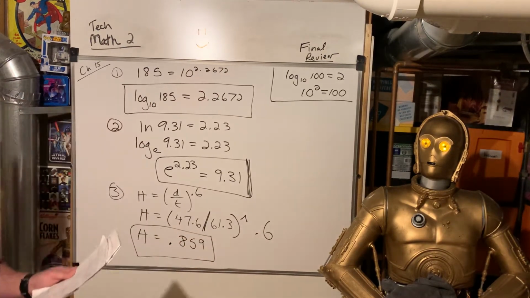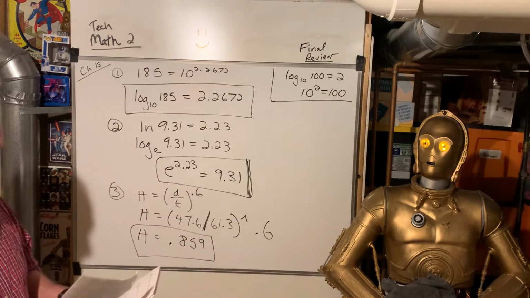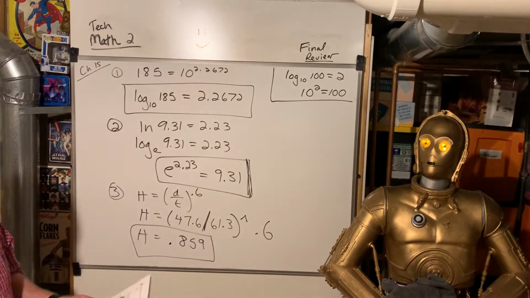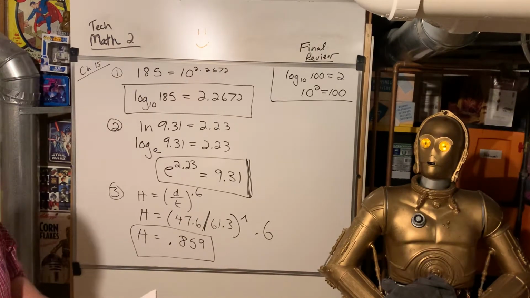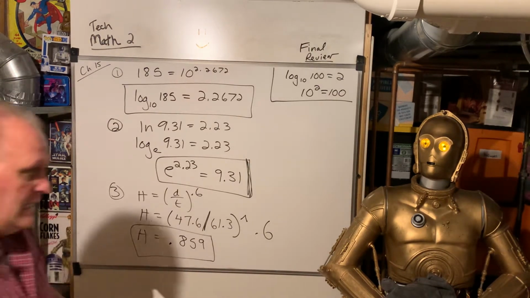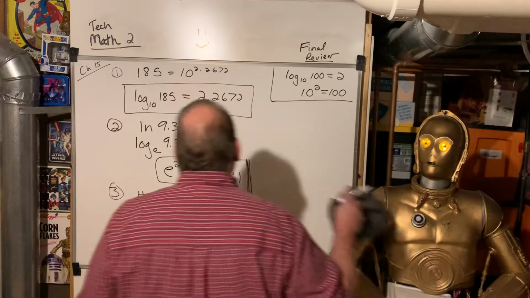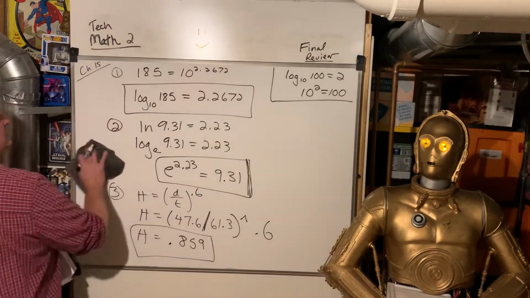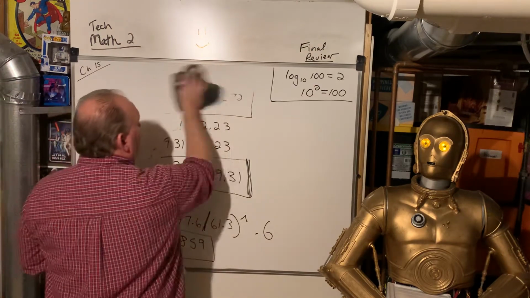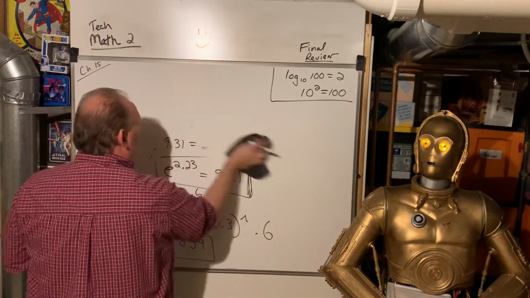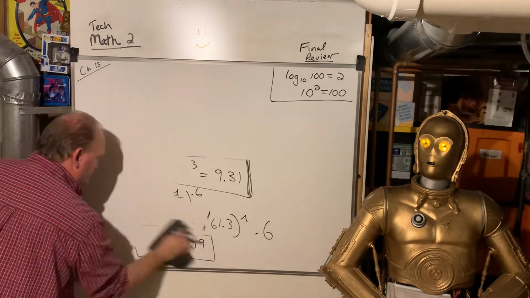All right. And then there is one just like number 4, which is another just plug and chug, just a calculator problem. It's a little more complicated than that one because you have to use e. So that is second ln, and then it'll pop up an e to the power.